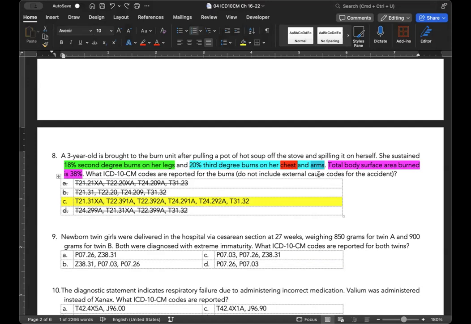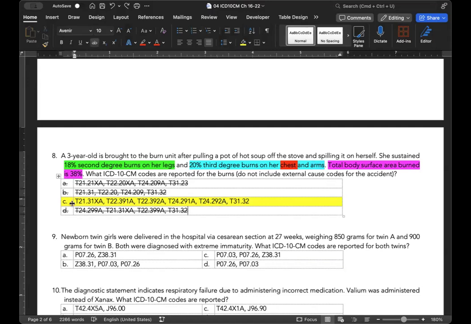If they say arms, we can assume left and right. So then we would have to code individually for the left and for the right. And that's why there's 3 codes for 30. And then the same thing here, the 291 for the second degree, because it's legs plural, we have to do one for the right, one for the left. Okay, I got it.